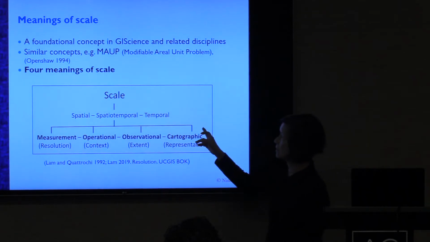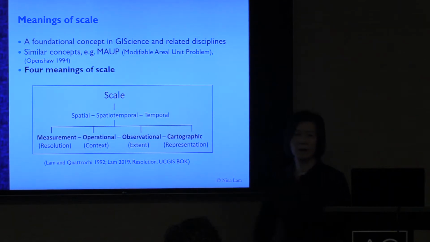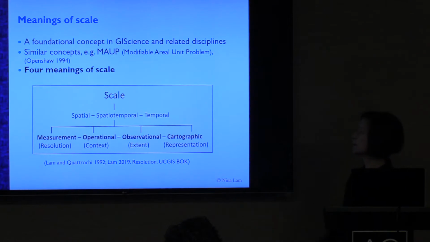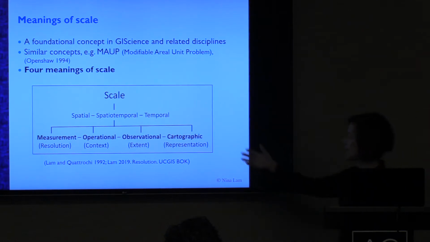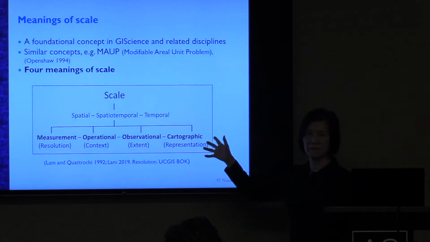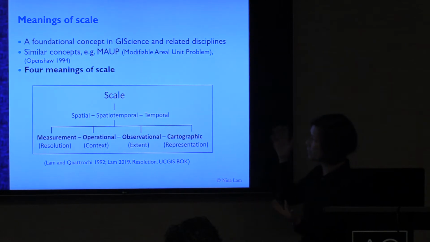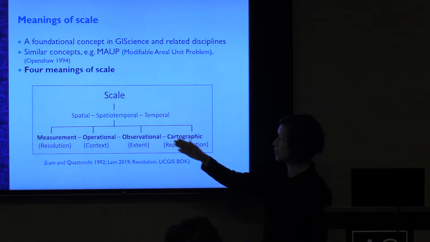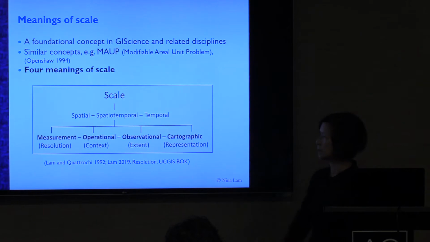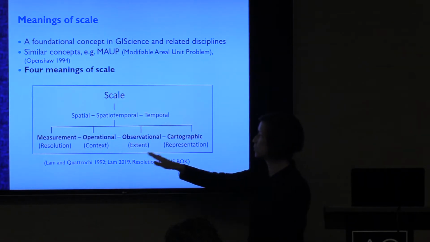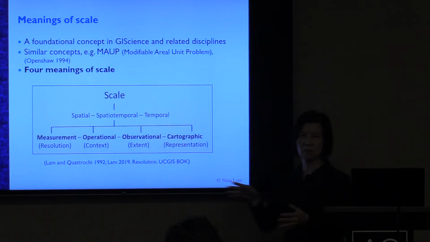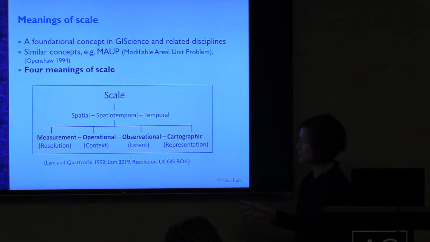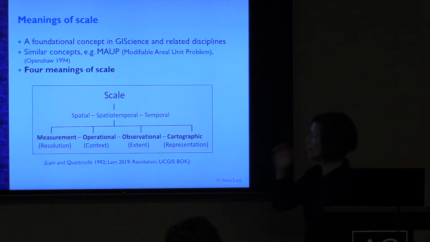Some years ago, in 1992, I worked with a collaborator to look at the 4 meanings of scale. Of course, when we look at scale, you can look at it as either spatial or temporal or spatial-temporal. I think these 4 terms have already been described in different ways by previous presenters.